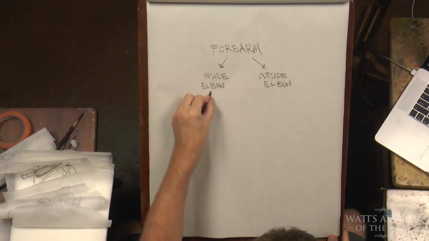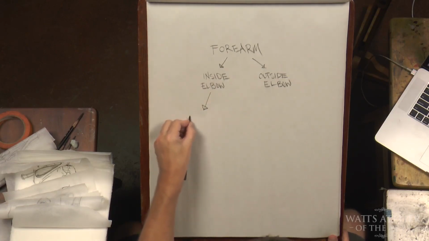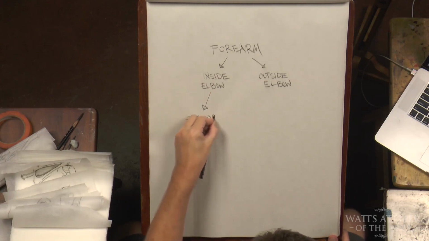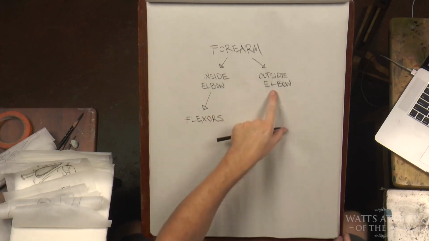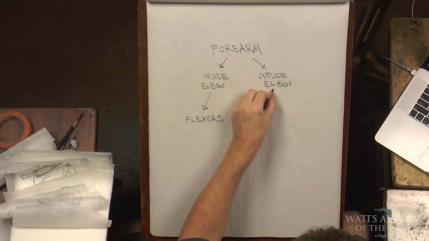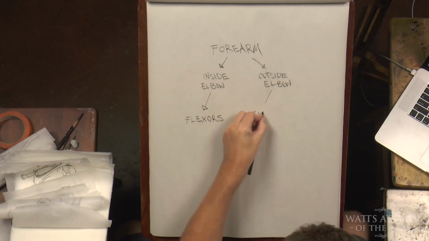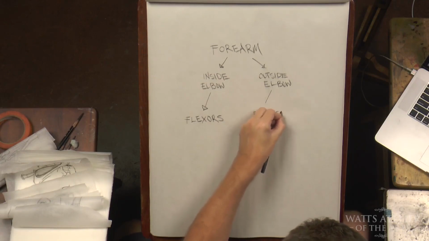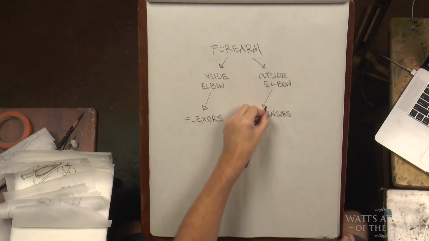In the case of the inside of the elbow, that is the connection point for the flexor group, right? So we get flexors down here, right? And then if we're seeing the outside of the elbow, that does a couple different things. If we're seeing the outside, then we have extensors, right, down here.